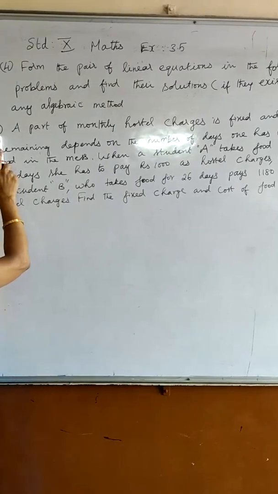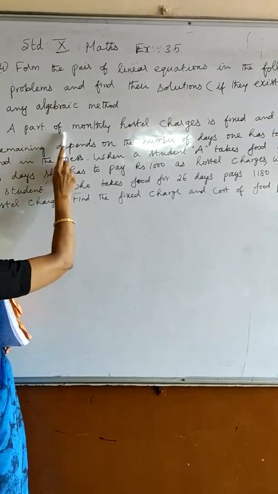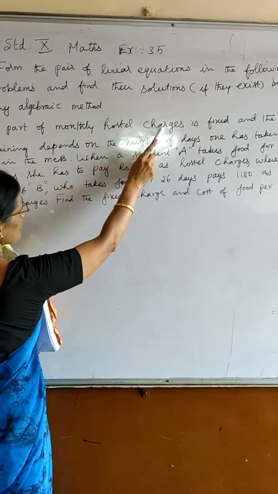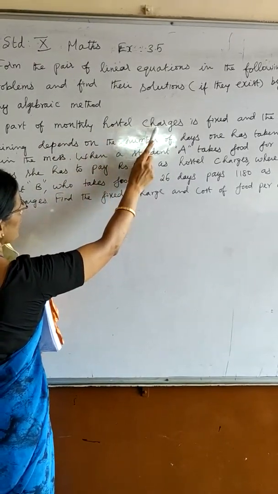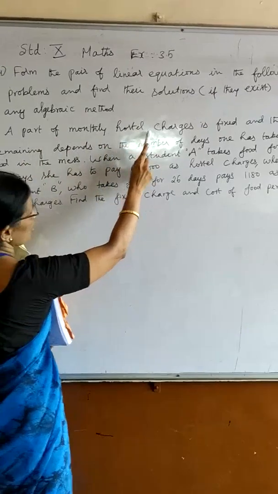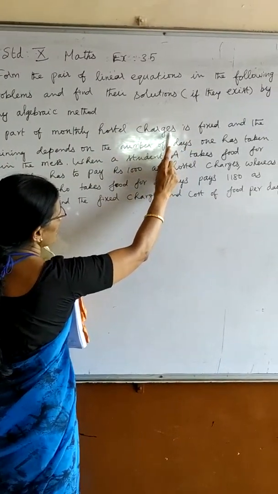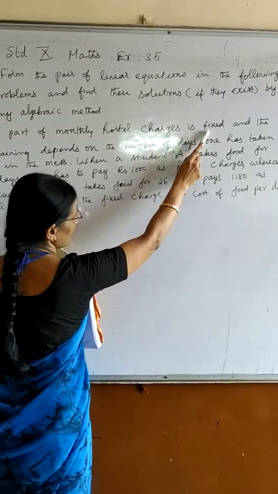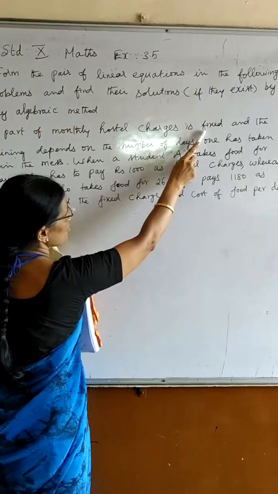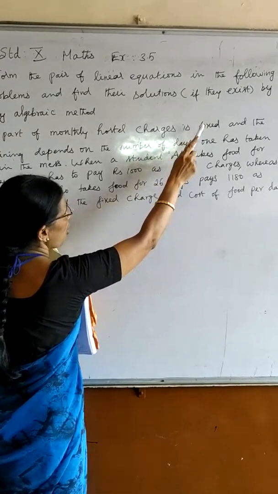The very first problem is a part of monthly hostel charges. So there is hostel charge. A part of monthly hostel charges is fixed. So out of the charge, a part of the charge is fixed. It won't change from student to student. It is the same for all the students.